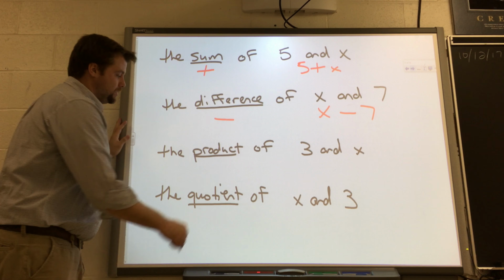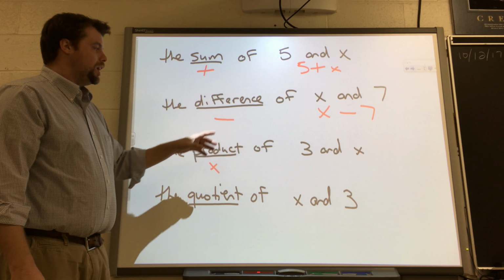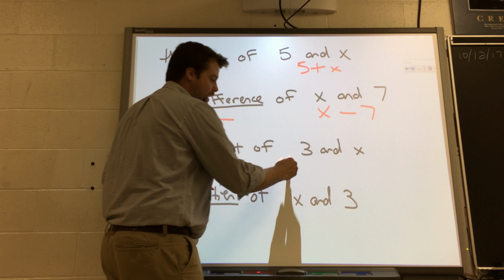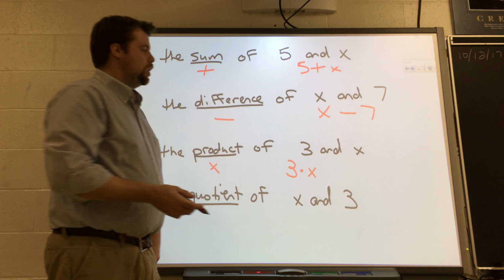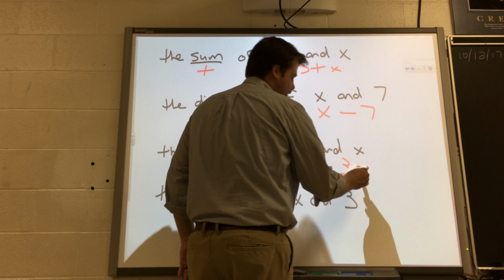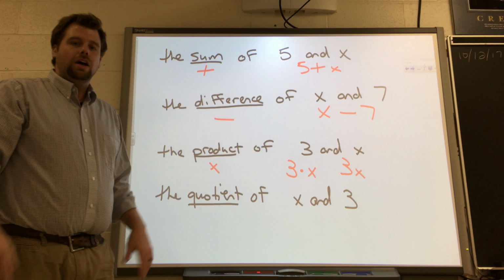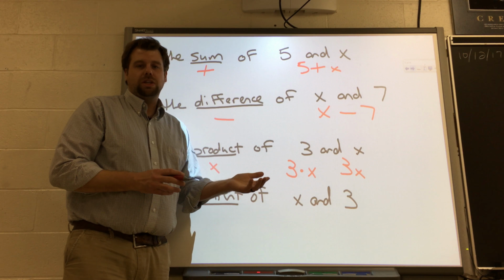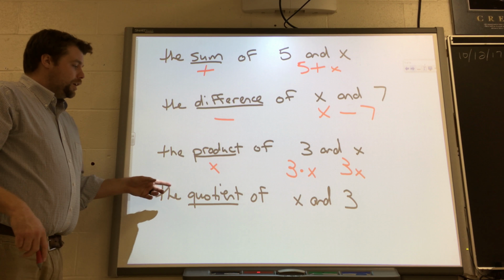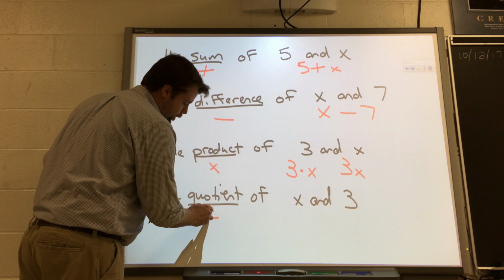Okay, product represents multiplication. So the product of 3 and x, I could write that as 3 times x with a little dot. You could use a multiplication symbol, or you could even write it as 3x. We commonly see it as 3x. When you write two numbers next to each other with no operation in between, that refers to multiplication. Finally, the quotient. Quotient refers to division.